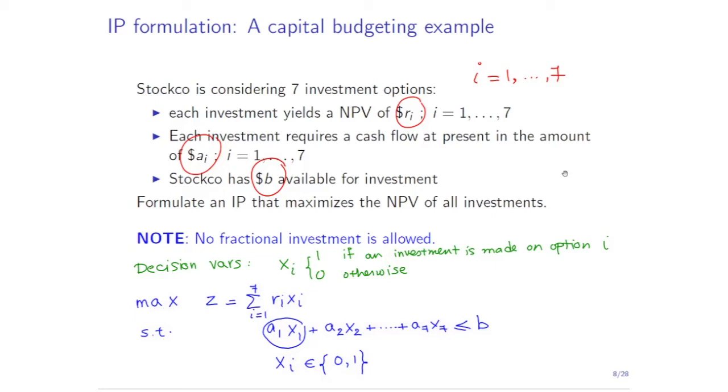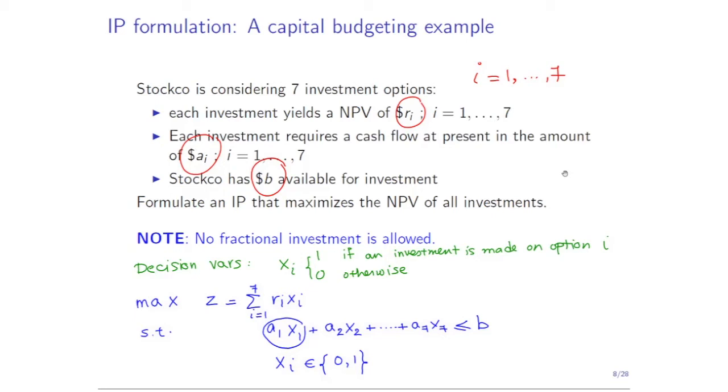Okay, a very simple formulation. Actually, this type of problem is a very famous problem known as the knapsack problem, where every variable is a binary variable, you have a single constraint, and of course a linear objective function.